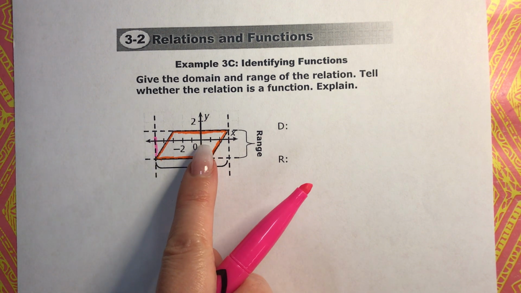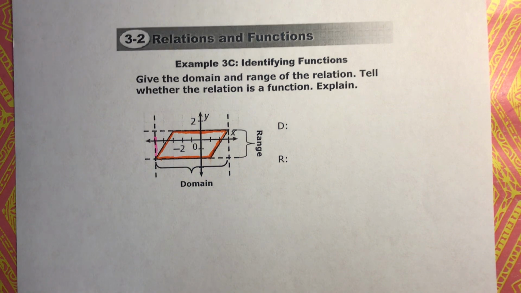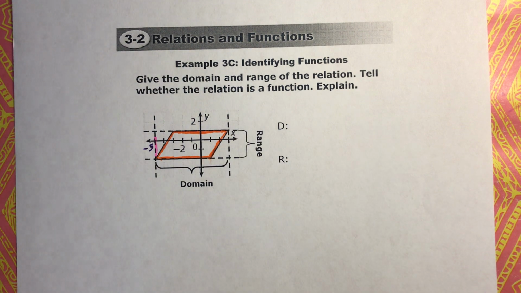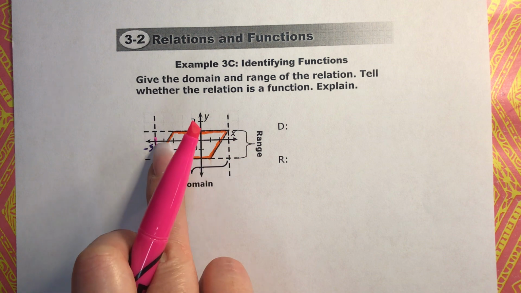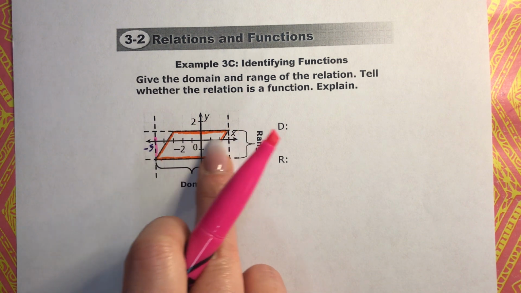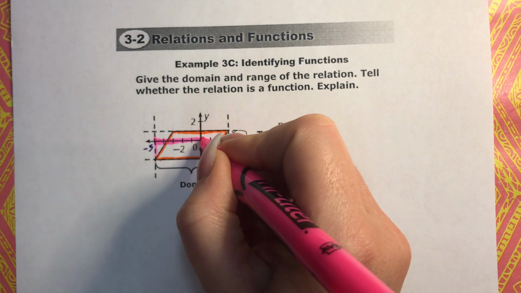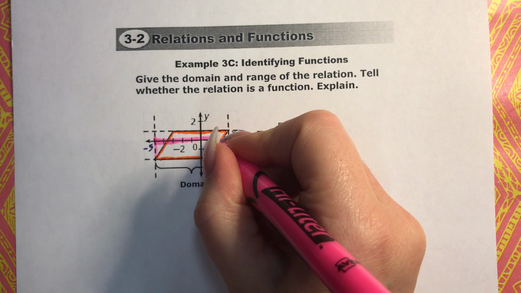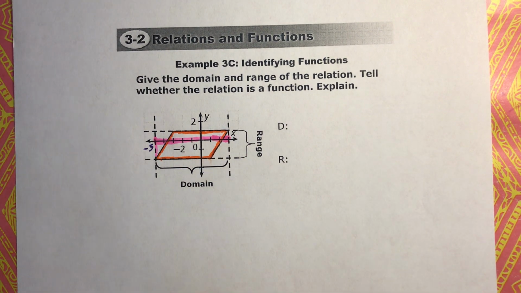That is when x is -1, -2, -3, -4. This is -5. Right there. And then it keeps having x values, or domain values, all the way until we get to when x is right here. This is the farthest point over, which is when x is 1, 2, 3.